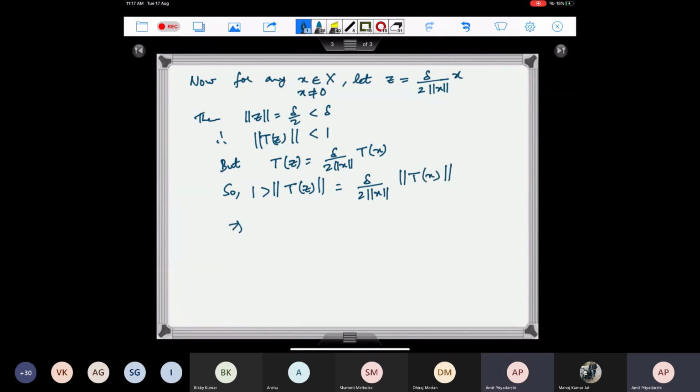This implies norm of Tx is less than 2 by delta times norm x.